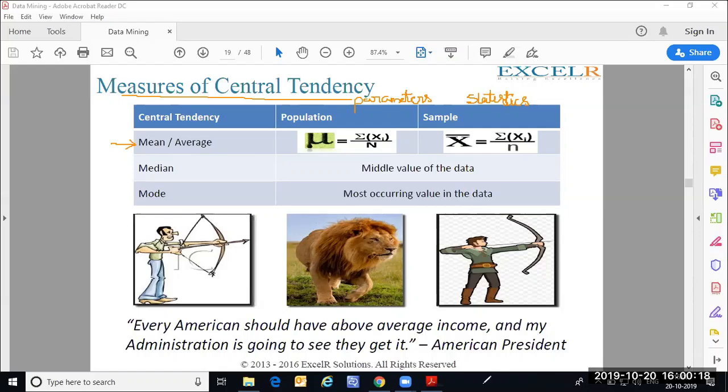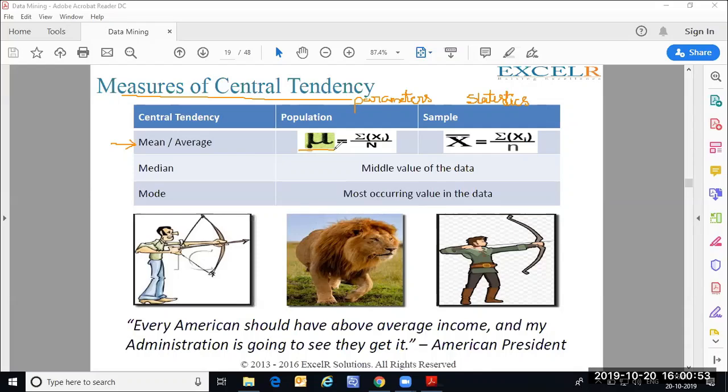All the population parameters will be denoted by the Greek notations. The mean or average of the population is denoted by mu.